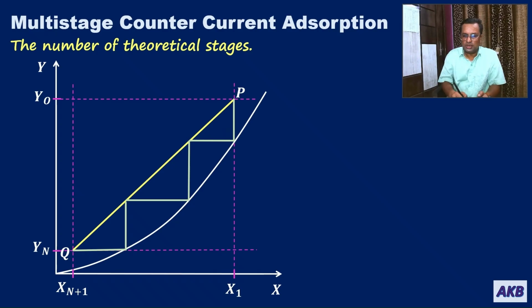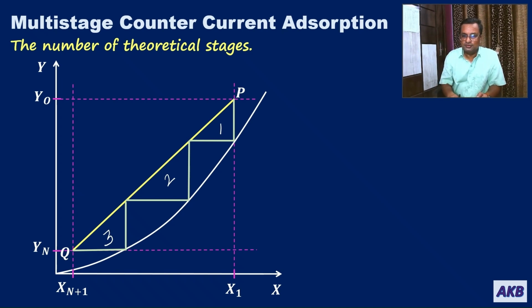So in this case, this is just for your understanding. Now, if you try to count the number of stages for this diagram, you will come to know that there are 3 stages. So 1, 2, and 3. So like this, you have to plot these triangles and then count the number of triangles. The number of triangles will be the number of theoretical stages in the counter current cascade.